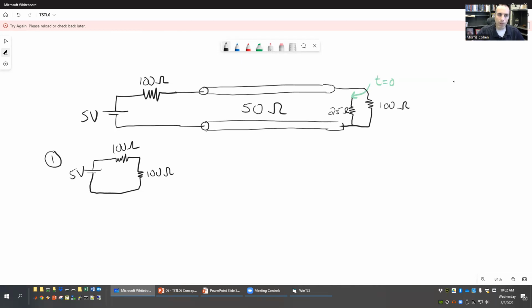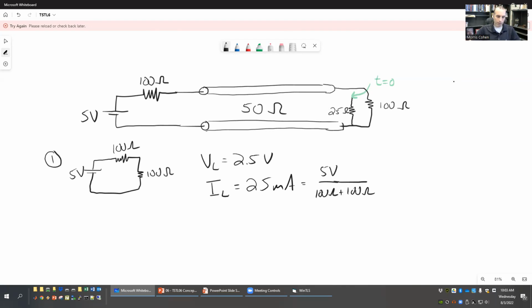This implies a load voltage of 2.5 volts, since the 5 volts is evenly divided between the two 100-ohm resistors, and we have a load current of 25 milliamps, right? This is 5 volts divided by 100 ohms plus 100 ohms. All right, so that's step 1. We've got our initial conditions in terms of voltage and current on the load.